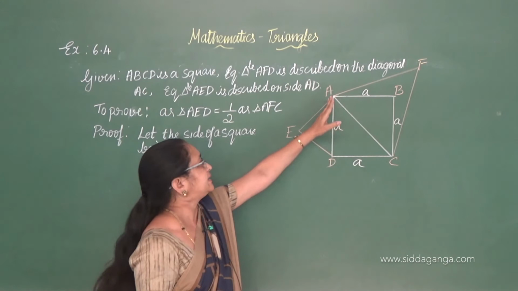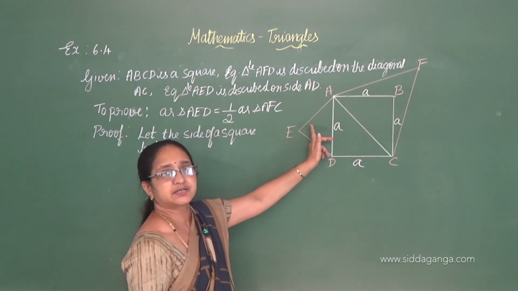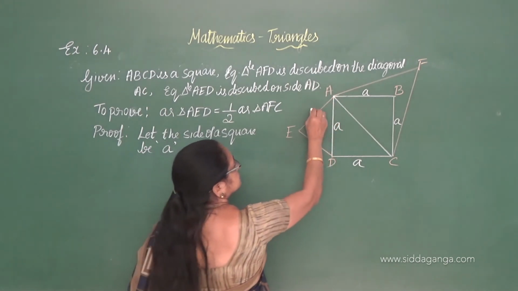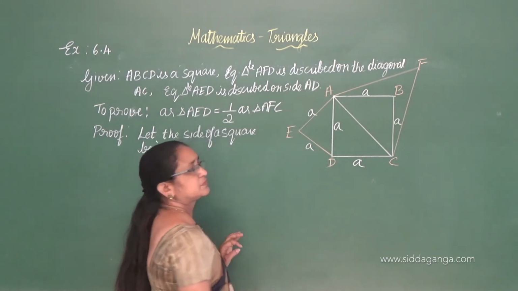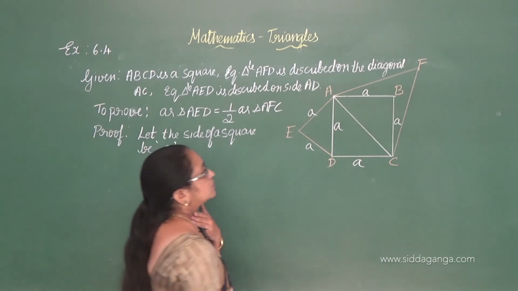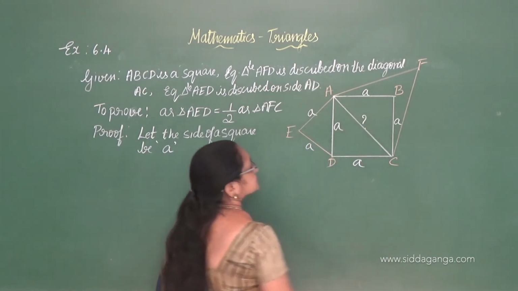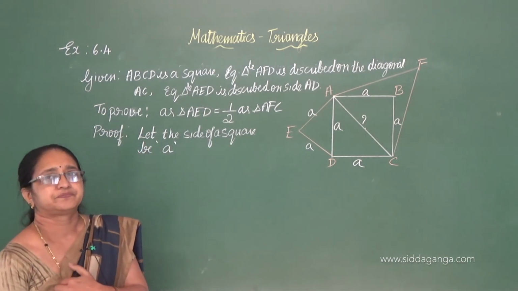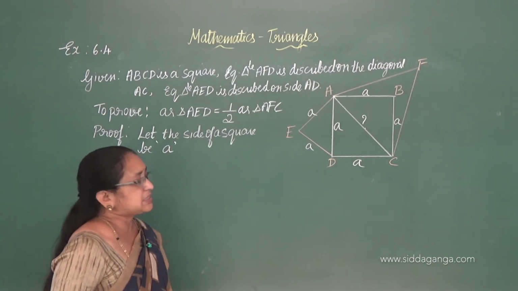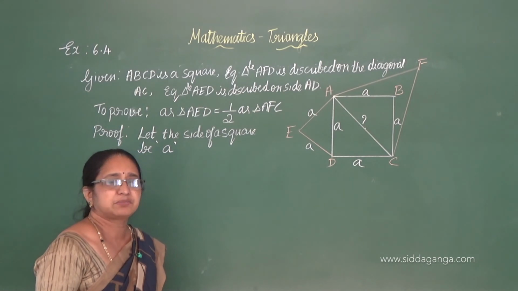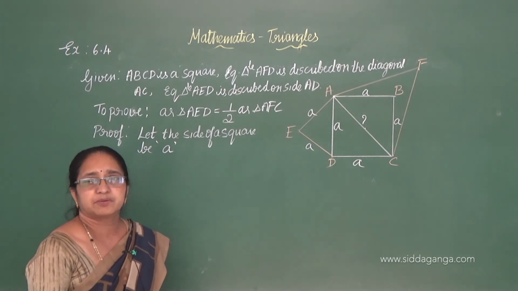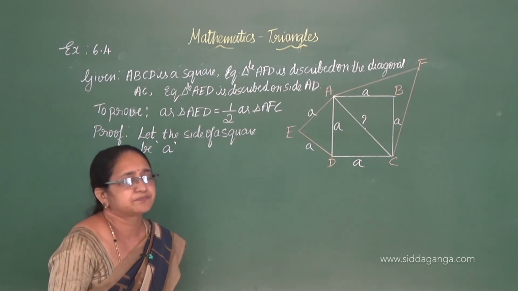Please note, AD is a part of the equilateral triangle, so definitely this also will be A. Now, can you find out this diagonal AC? A square plus A square, correct? A square plus A square by Pythagoras theorem.